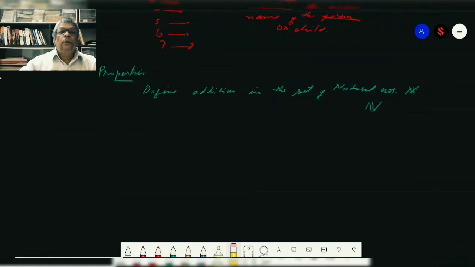For example, you can take two natural numbers. Suppose you take 2 and take 3 and you can add them. This addition is denoted by plus sign. You know, 2 plus 3 is equal to 5.